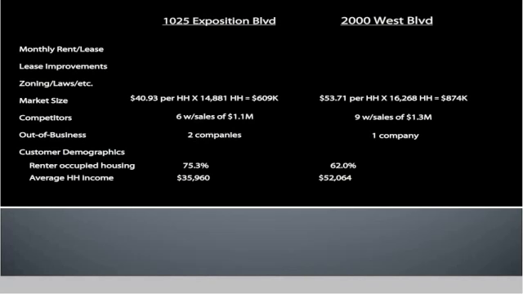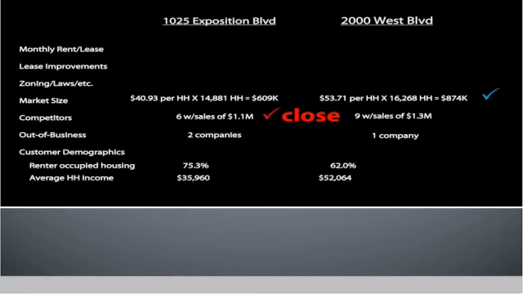As far as market size goes, West Boulevard is nearly 45% larger than Exposition, so the advantage goes to West Boulevard. In terms of competition, Exposition has 3 fewer competitors. However, their sales are nearly equal. So we'll give Exposition a vote here, although it's a close one.